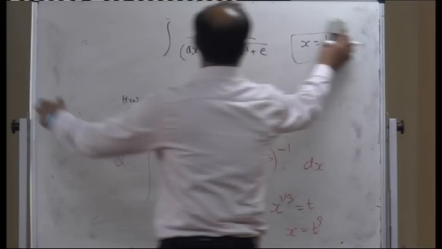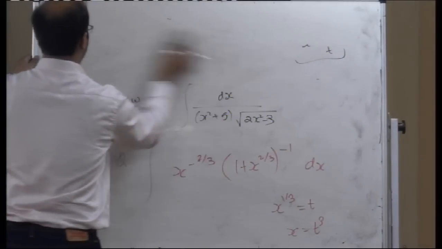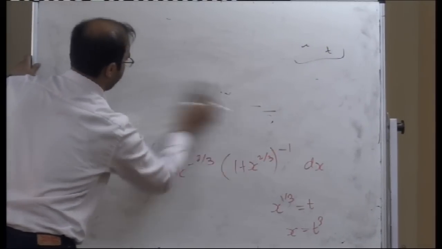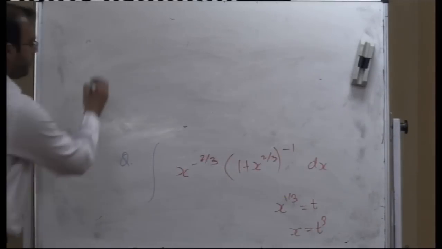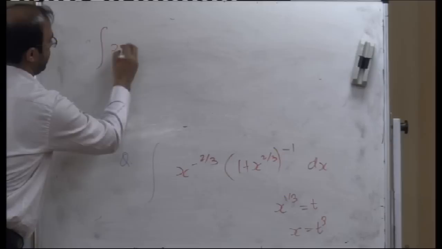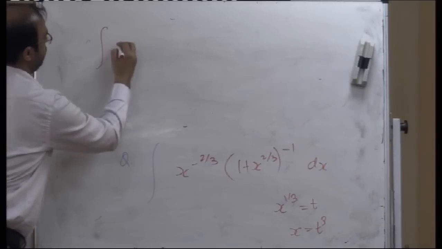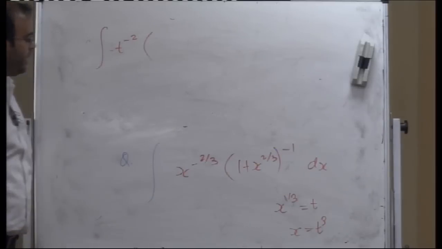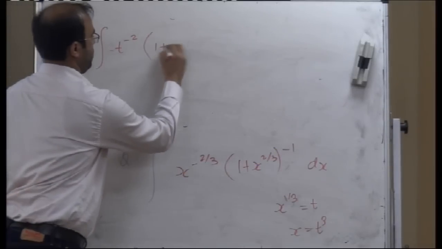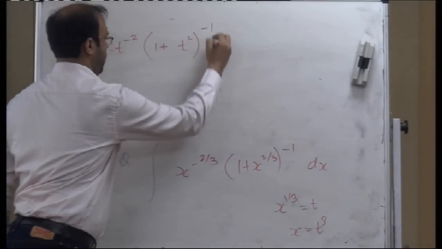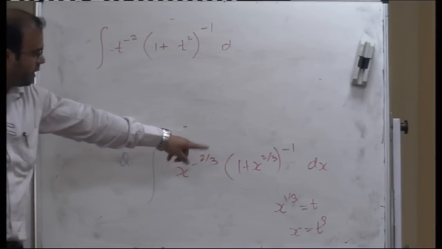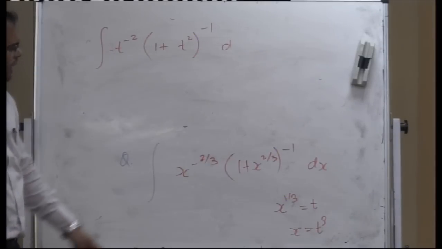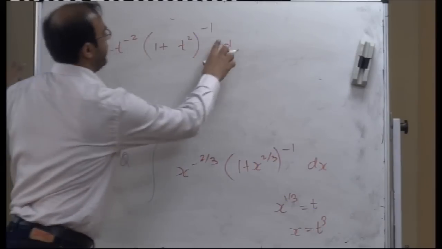So the next step in this question: after putting x equal to t cube, you can write it like t to the power minus 2 into (1 plus t square) to the power minus 1, and dx would become 3t square dt.